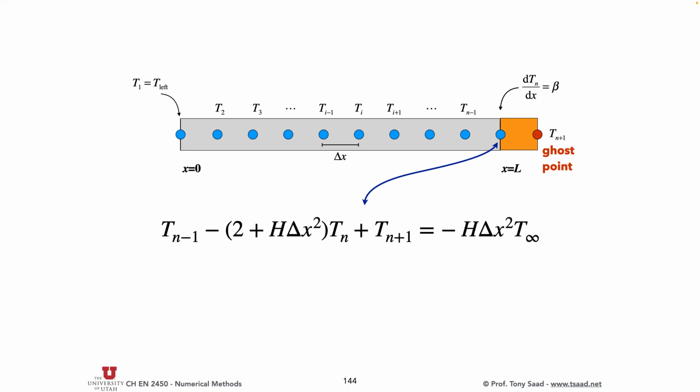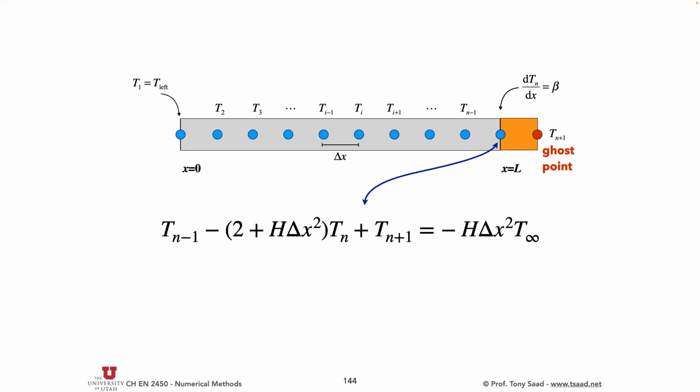I do a lot of dramatization with my son, so this is part of it. So imagine there's a ghost temperature. It doesn't exist. Suppose that it's just there, just to allow us to play around with the algebra so that it's no longer there anymore. So we're just going to assume that there's a point out there. We're not going to say anything about it. It's just Tn plus 1. It's a placeholder for over here.